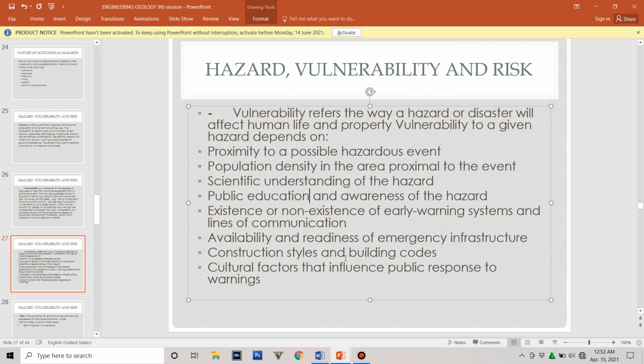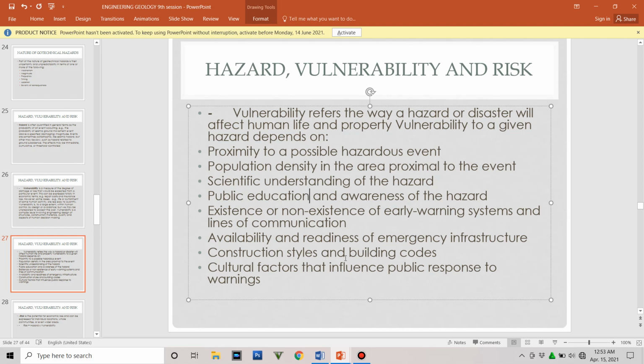So if you are aware na may active volcano pala doon, so that is about the scientific understanding of the hazard. And you know that in a coastline, you are prone to tsunami events. Then, hindi ka you will not have the courage to live there on the vulnerable areas.